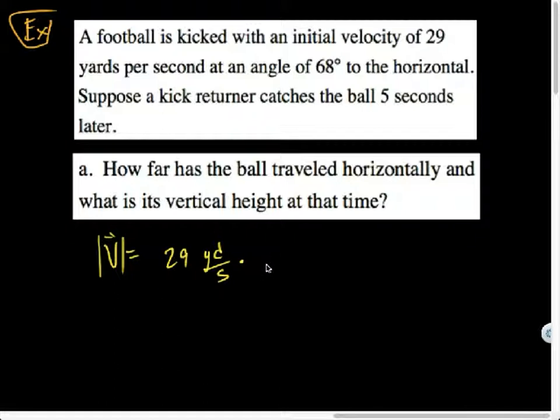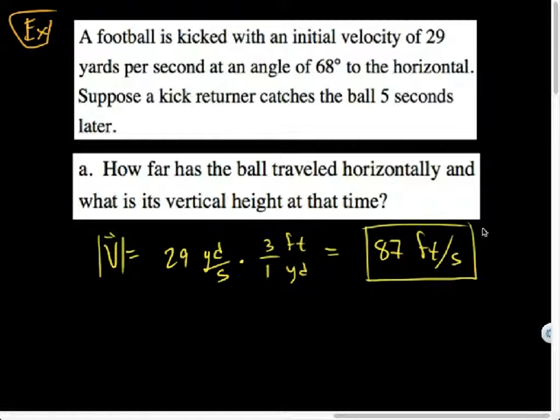I'd want 3 feet per 1 yard, so that the yards cancel out. Multiplying by 3, I get 87 feet per second. Because the yards cancel out, I'm left with feet over seconds. So here's my initial velocity's magnitude.